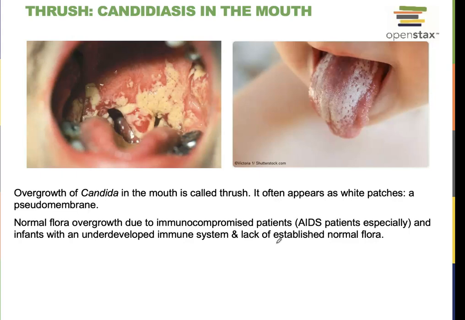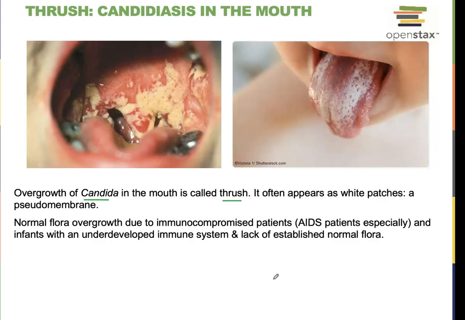Thrush is candidiasis in the mouth. We already talked about Candida in terms of vaginosis, but we can also have Candida overgrow in the mouth, which is called thrush. You can see here the yeast really growing in patches on the tongue and on the mucous membranes of the mouth.